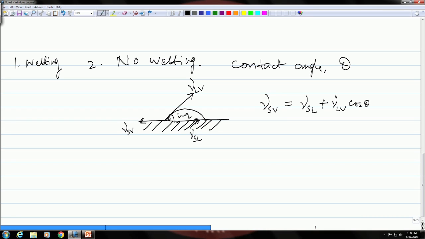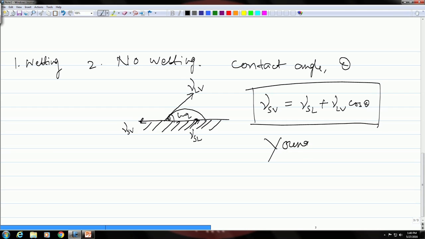This is the well known Young's equation or Young-Dupré equation, which talks about the contact angle between a solid surface and the liquid. So, you can derive the contact angle from this equation.